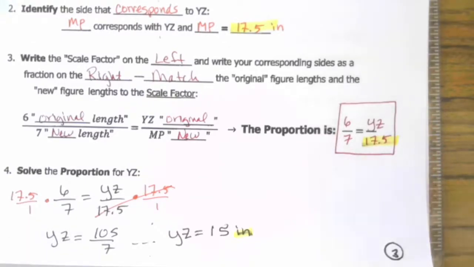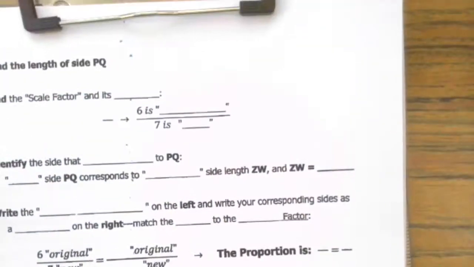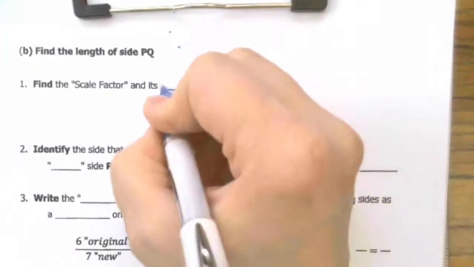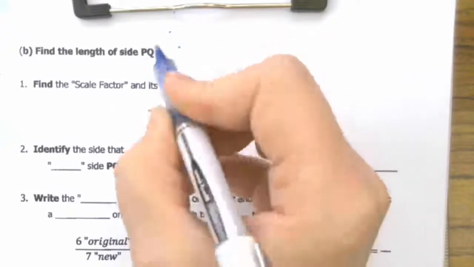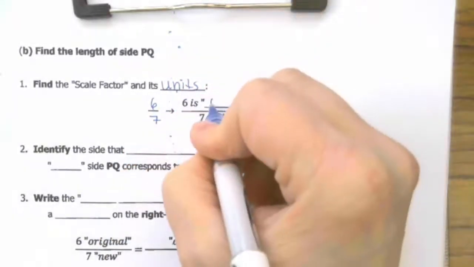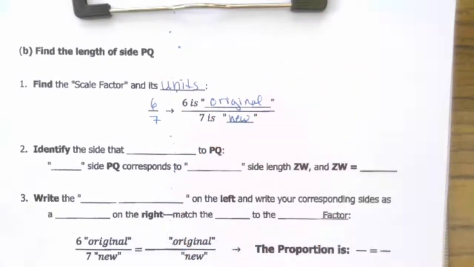All right, let's flip the page to find the second part of this question. We're going to find the length of side PQ. Okay, so once again, step 1, find the scale factor and its units. So we know that 6 over 7 is our scale factor. 6 is from the original figure. 7 is from the new figure.